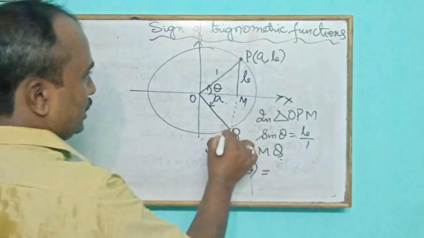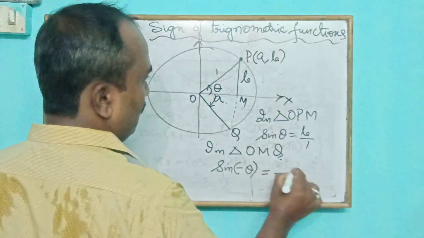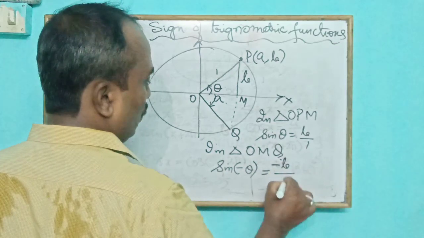That will be below it. So it is (A, minus B) will be the coordinate. So it will be minus B by 1.